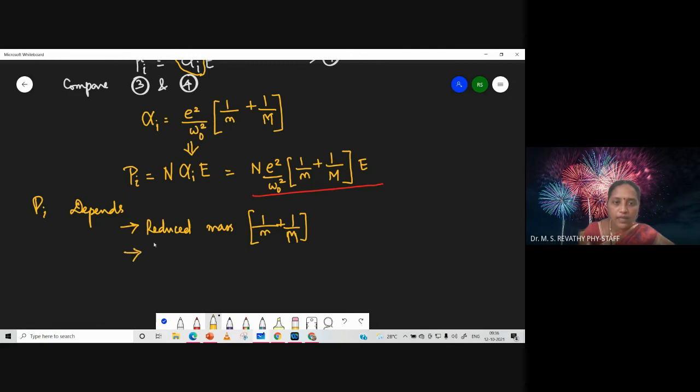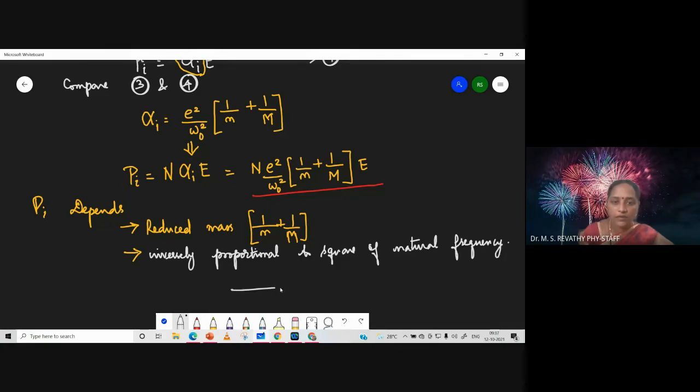And number two, it is inversely proportional to, because it comes in the denominator, the square of the angular frequency, the square of the natural frequency of the vibrating ions. That's all. We have done with ionic polarization also.